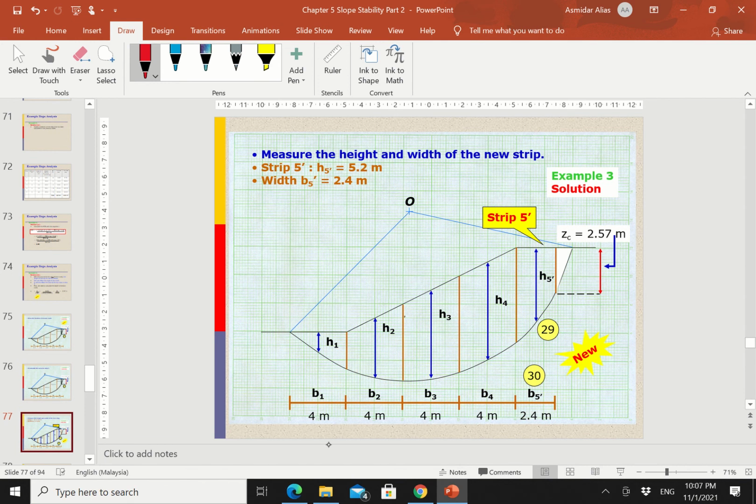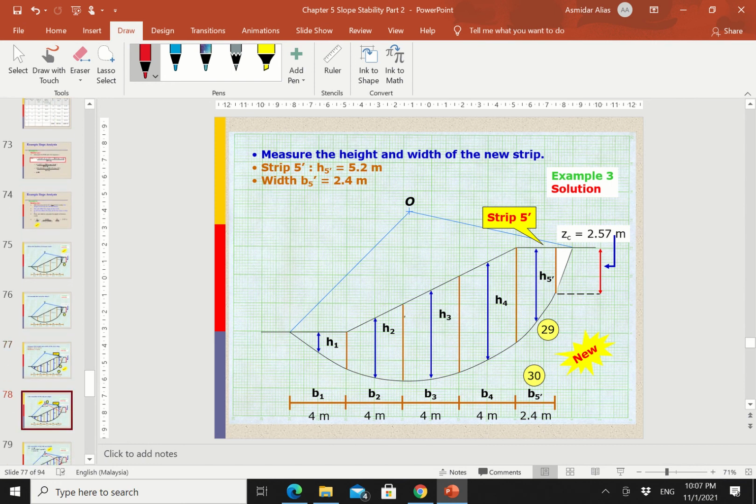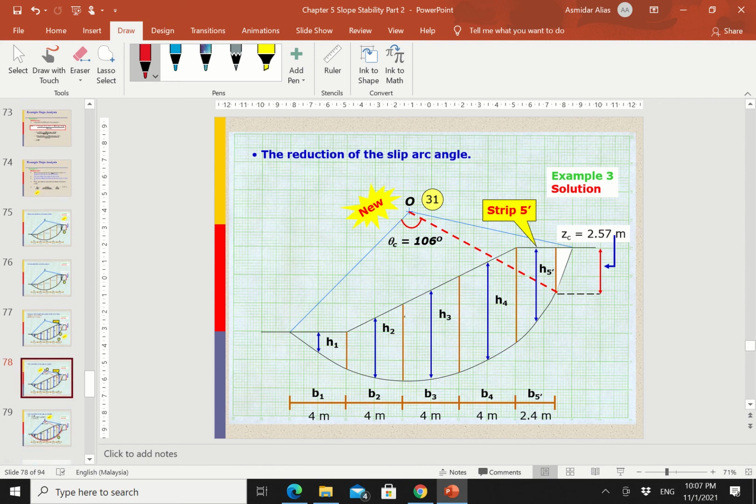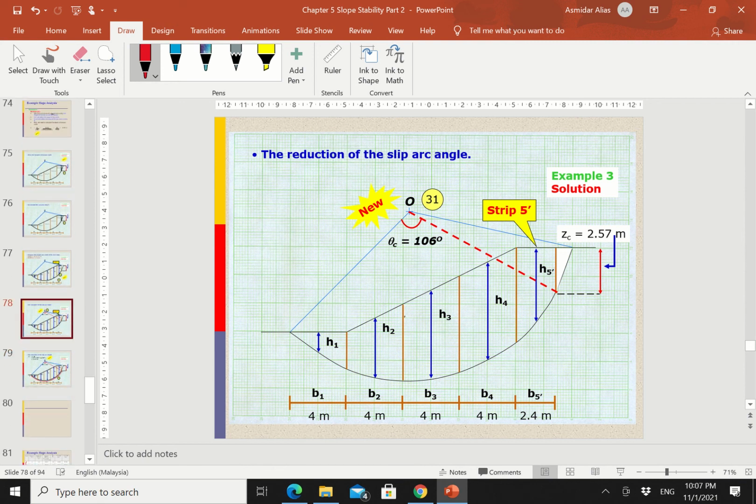The blue line here is the position, because right now slice number 5 has been changed from a triangle to a trapezium, so we need to position it at the center of the trapezium. So next, what you need to do is to draw the red line from the centroid to the length of the tension crack depth, and we will get a new value for theta. Theta crack is equal to 106 in this example.